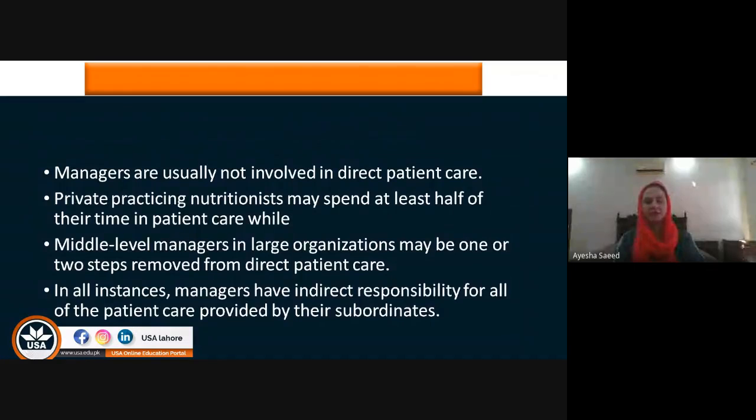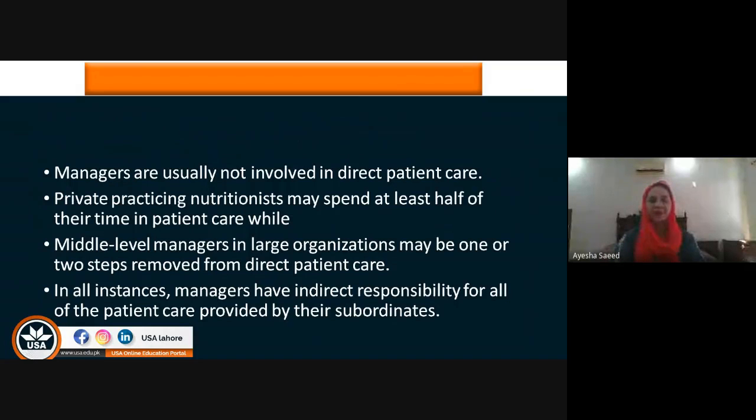They are not directly treating the patients. Instead, they are managing and supervising the people subordinate to them. But in all the instances, managers have indirect responsibility for all the patient care provided by their subordinates. So they are indirectly responsible for the patient care.